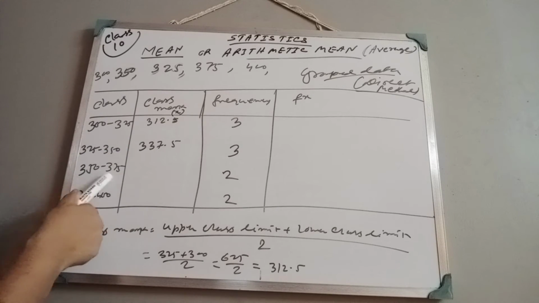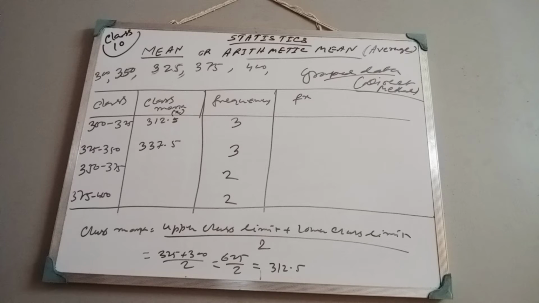Next, 350 plus 375 is 725, divided by 2 gives 362.5.